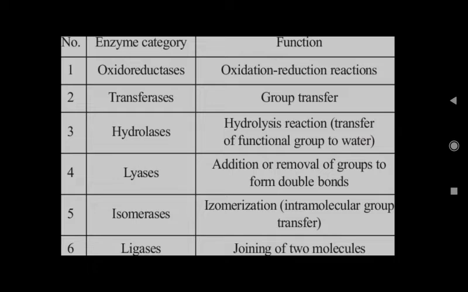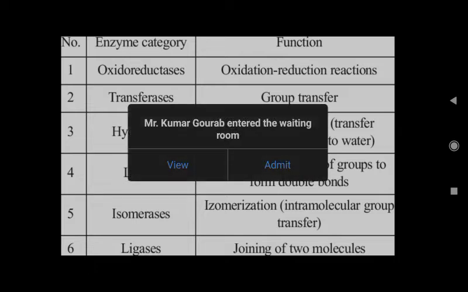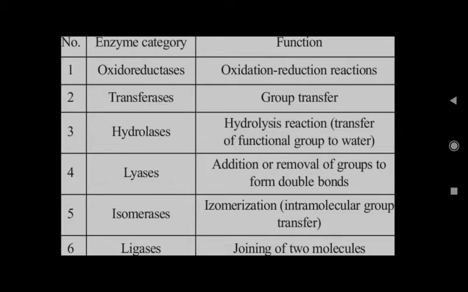So whenever the joining of two molecules takes place, we can say that RUBP carboxylase is acting as a carboxylase as well as a ligase, because it is joining two molecules. Is it clear to all?